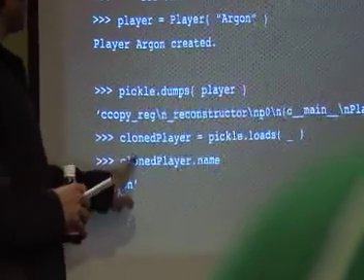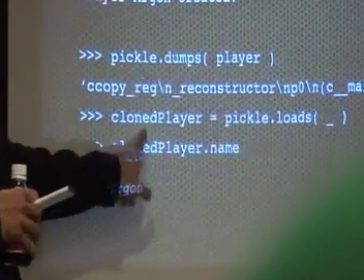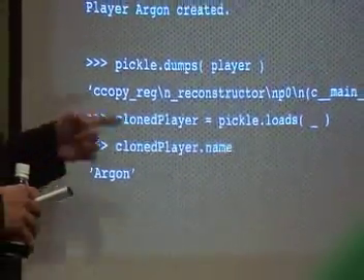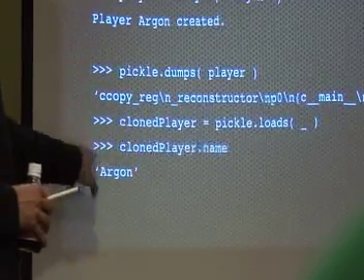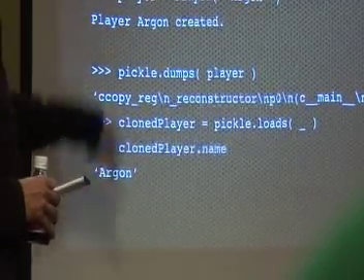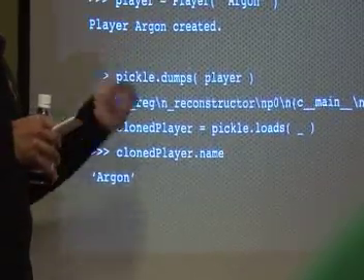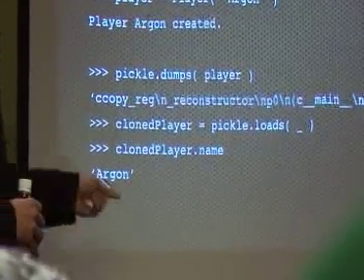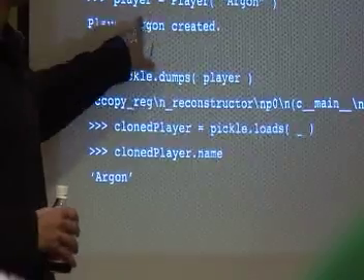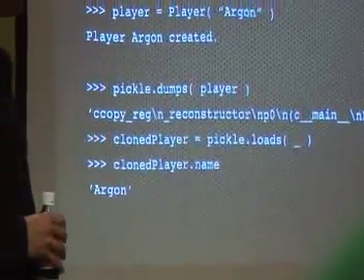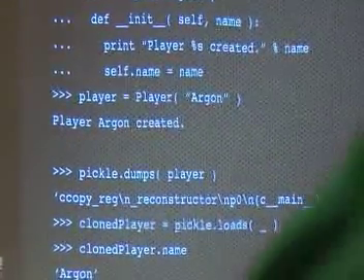Yeah, and an interesting thing to note here is that I called this variable cloned player. It's actually made a complete copy of this player object. So clone player is a completely different thing stored in memory from player. If I was to change clone player's name, it wouldn't be reflected in this player's name.